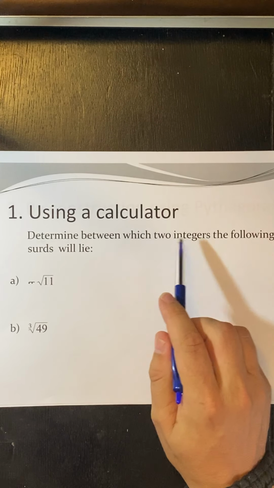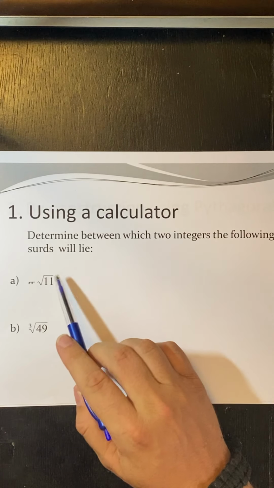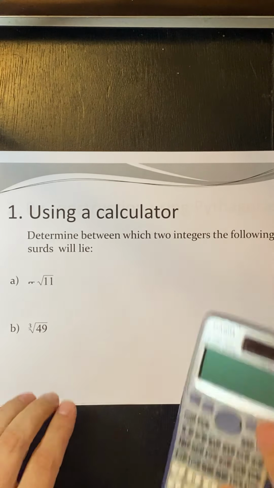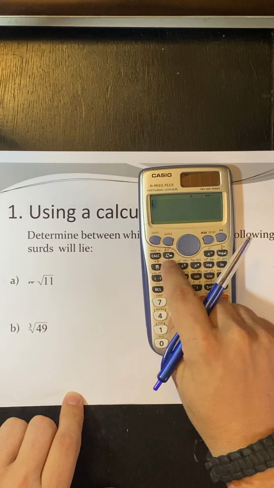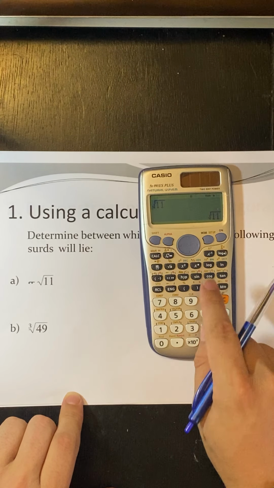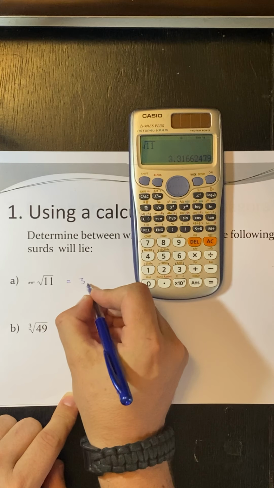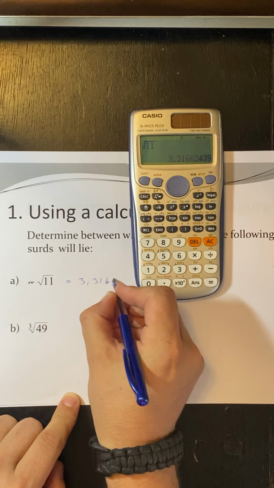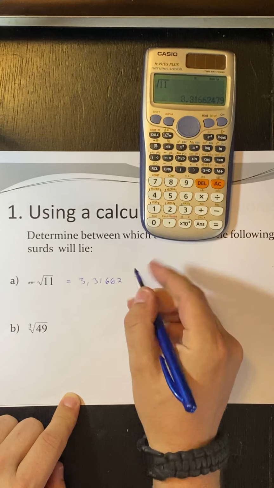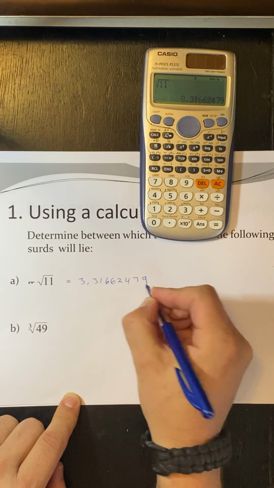Okay, so using a calculator, determine between which two integers the following surds will lie. We've got the square root of 11, and that gives us 3.3166247.